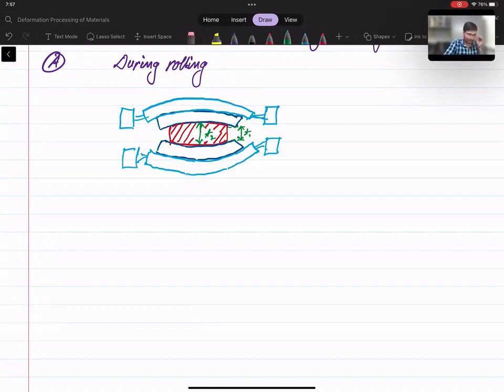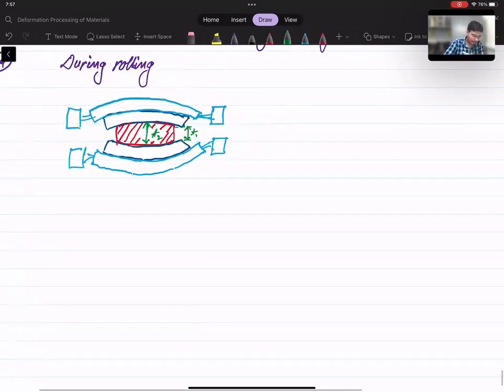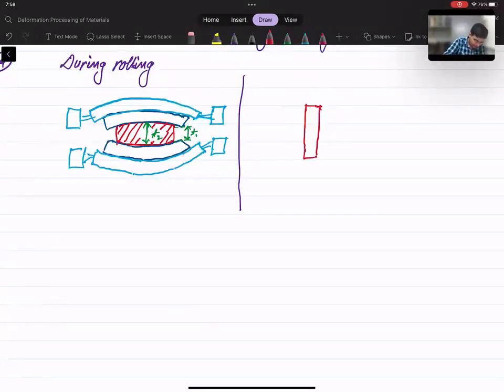Okay, and if we try to see it in a different way, let us say we see it from the top, then what we will observe is something like this situation.